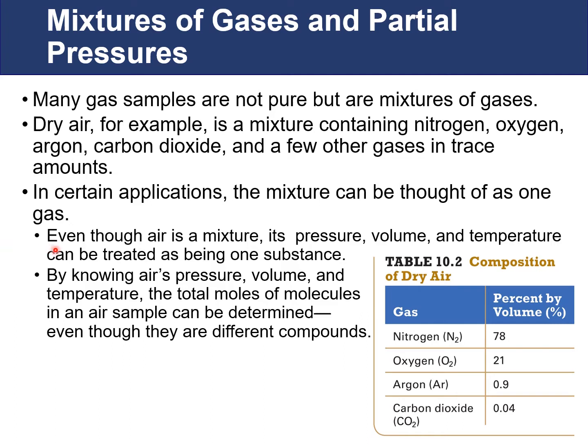So even though air is a mixture, we can treat it as though it is one substance. By knowing the air's pressure, volume, and temperature, we can actually calculate the total number of molecules in an air sample, even though they are comprised of different compounds.